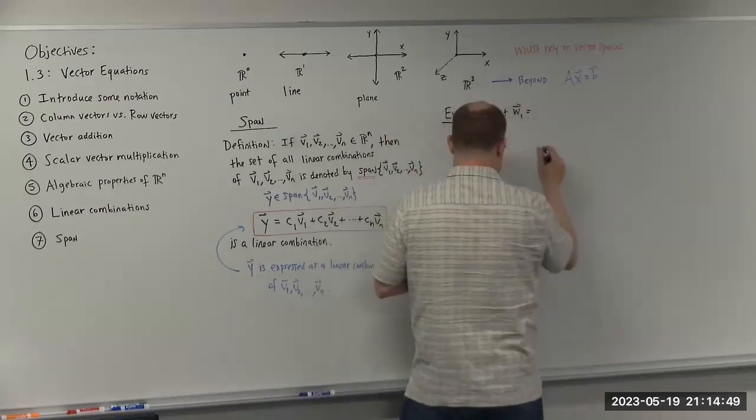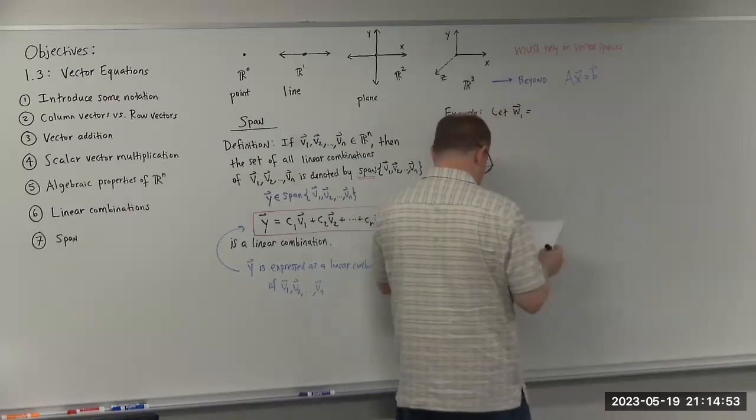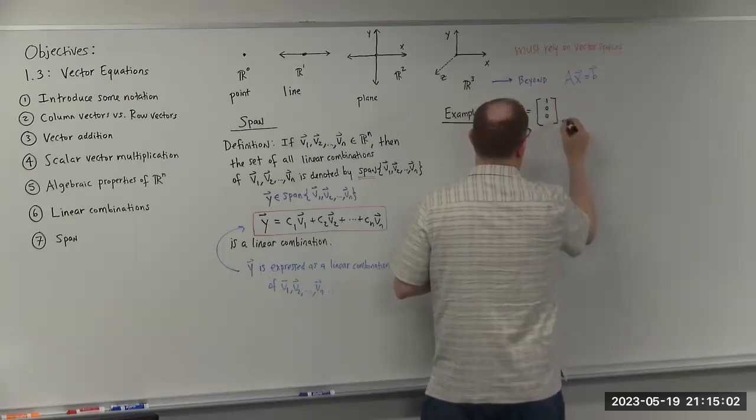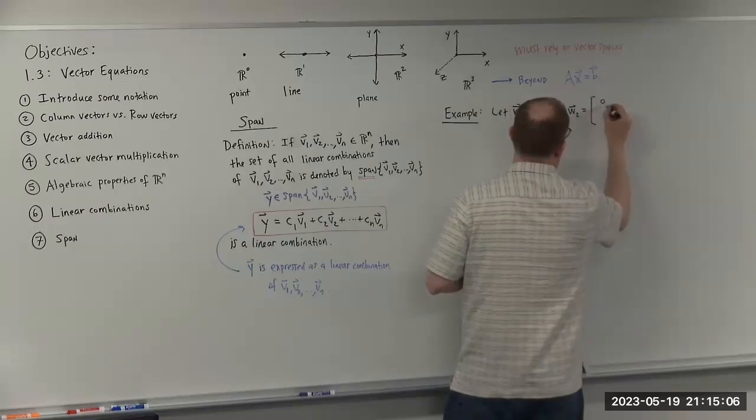So I'm going to let W1 be equal to 1, 0, 0, and W2 be equal to 0, 1, 0.